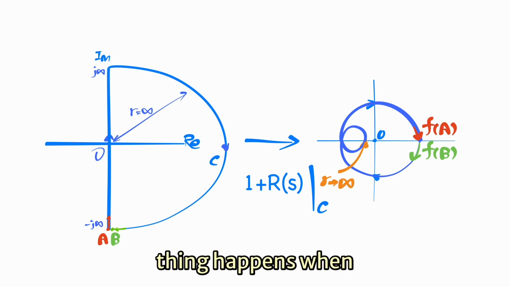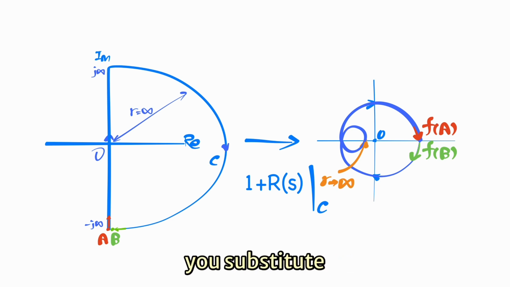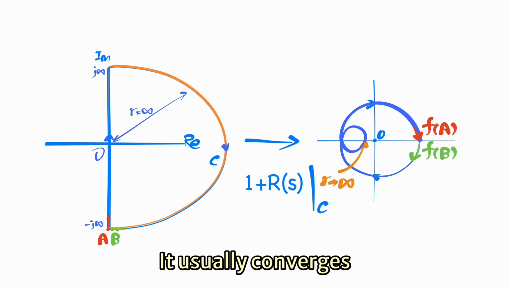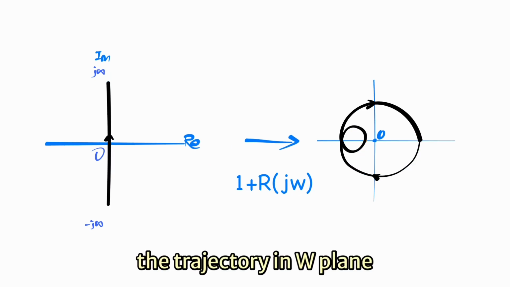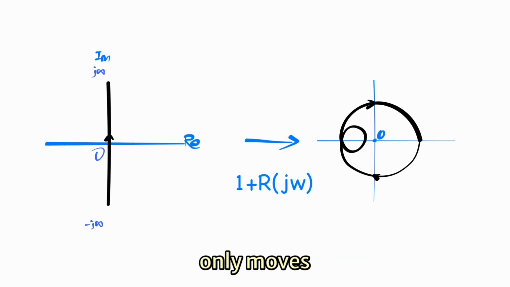The interesting thing happens when you substitute a complex value S infinitely far away into 1 plus R. It usually converges to a finite value or 0, which means the trajectory in the W plane only moves from substituting S from minus infinite to plus infinite on the j omega axis.